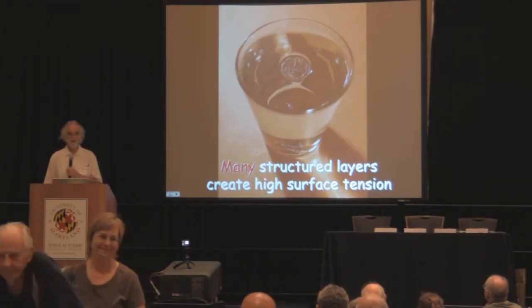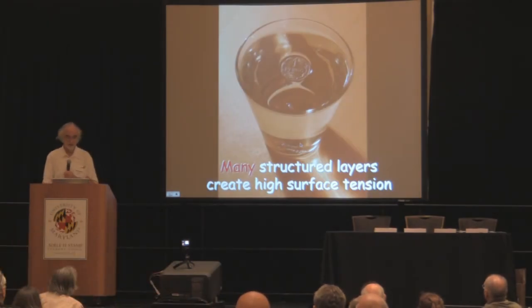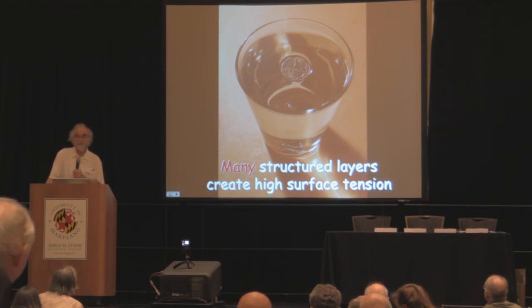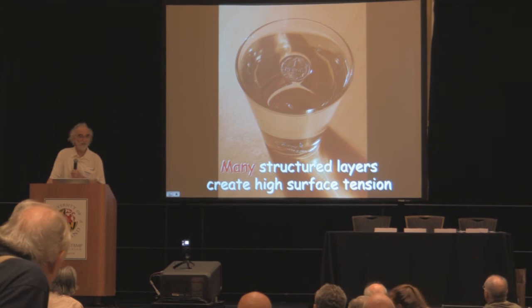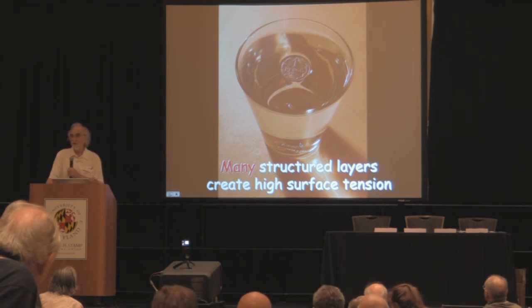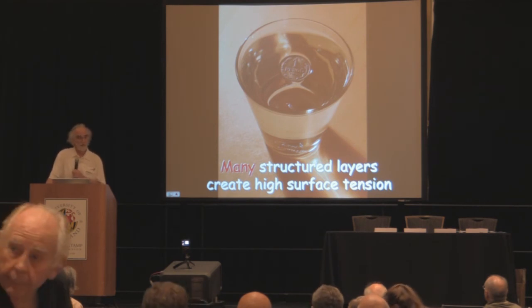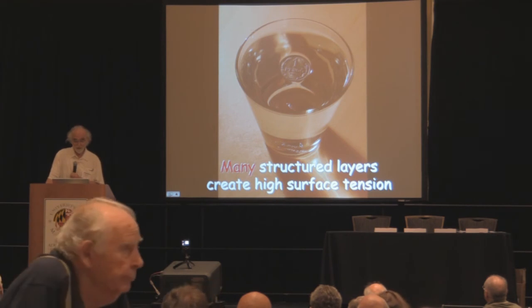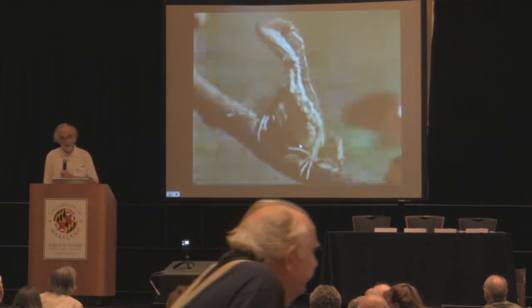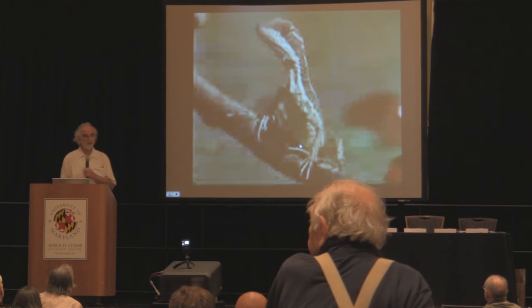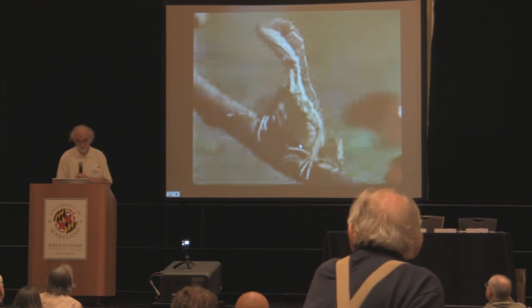So now if you think about what's holding this coin at the top, we're talking about many structured layers. We're talking about possibly a half a millimeter or a millimeter of this that's different from bulk water. Perhaps that's the reason why you can see that. It also explains, some of you maybe have seen this creature. This is a creature from Central America.